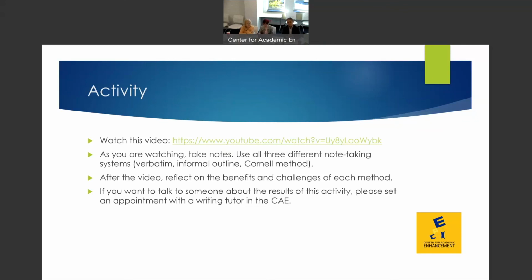If you find that breaking down a page in a notebook helps you because it places everything in a certain spot, then maybe the Cornell system is for you. So after you try it, reflect on the benefits and the challenges of each method. We will add a link to the video in the description of this video.